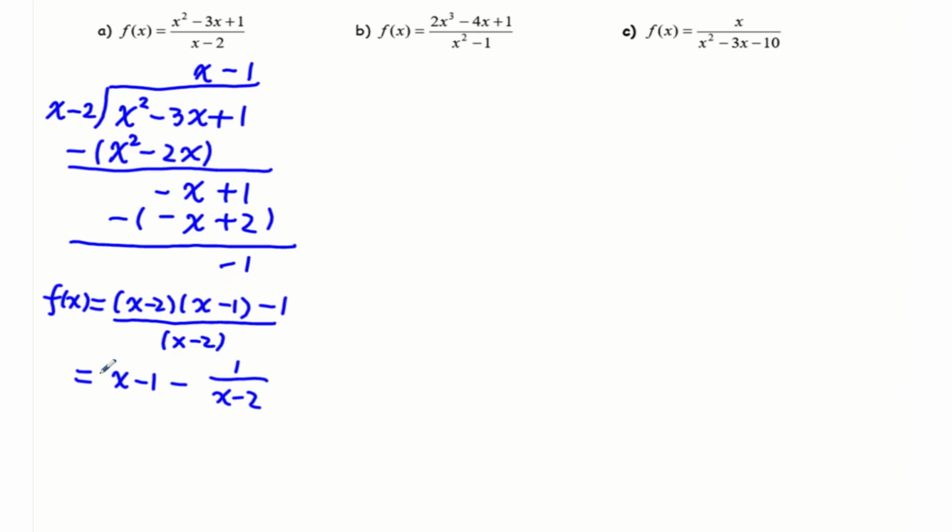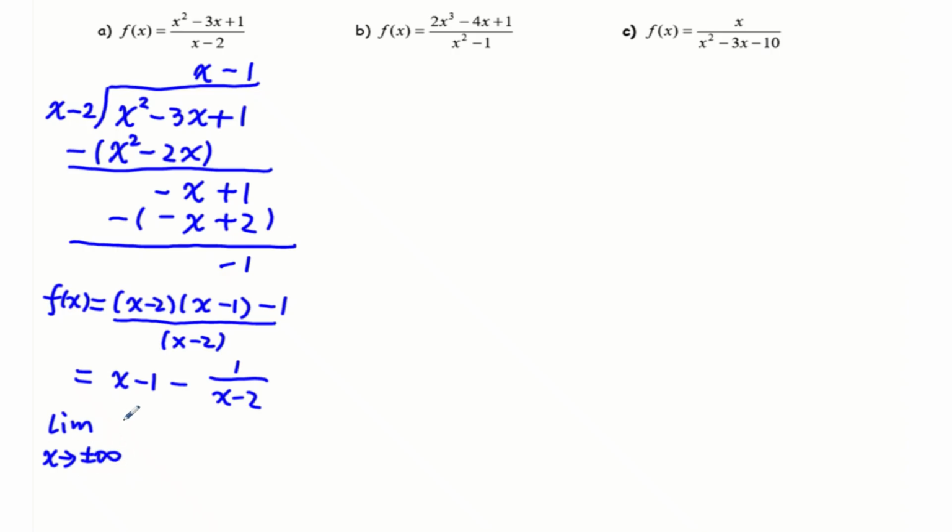Once we have this quotient and remainder, we could find the limit when x approaches positive or negative infinity. If we don't care about from above or below, we just want to find the asymptotes, we could write positive, negative infinity together.